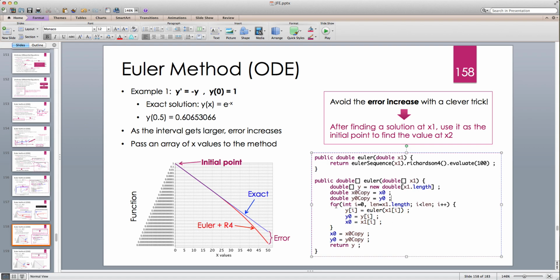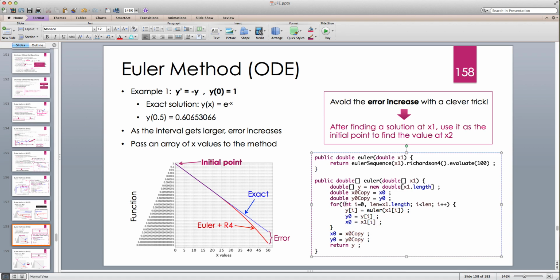They go to x0 copy and y0 copy. And then I write a for loop, and I start from x0 and y0 and calculate y from the Euler at x1, y1, index 1, right? But then I change the original initial conditions to the previous points. y0 is changed to the new y calculated at the current step, and x0 is changed to x1 at the current step.